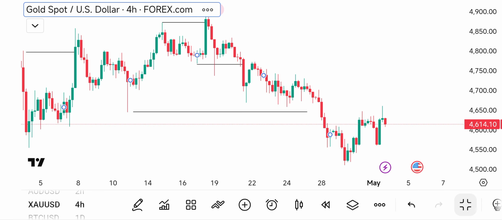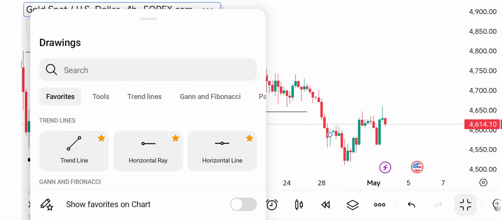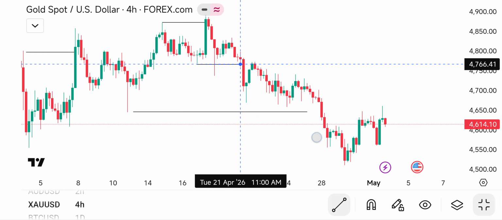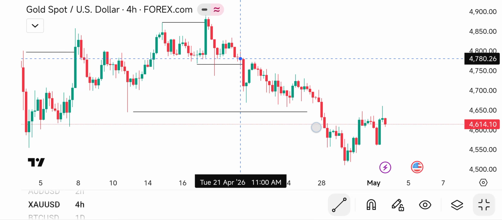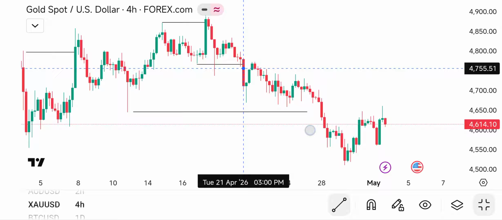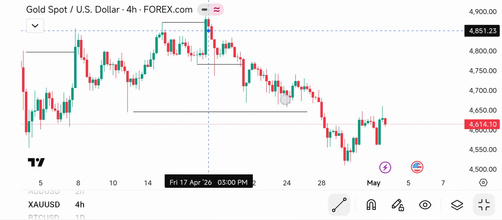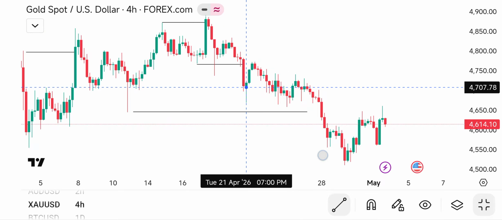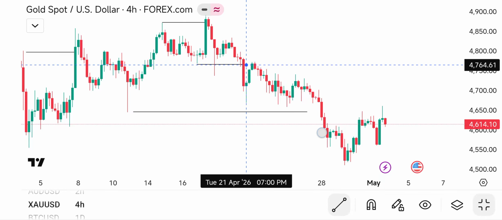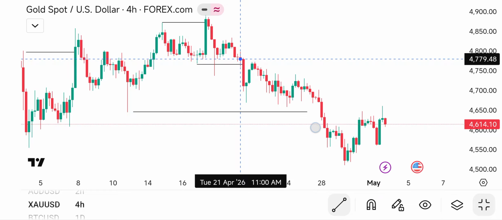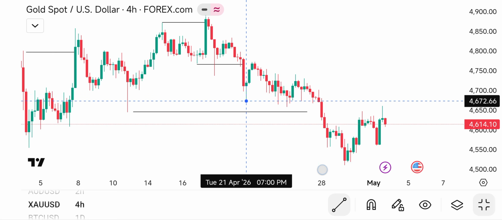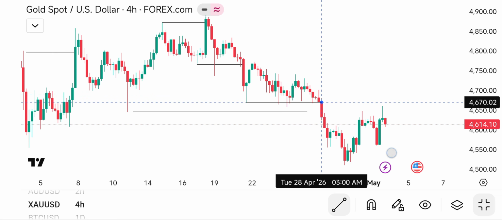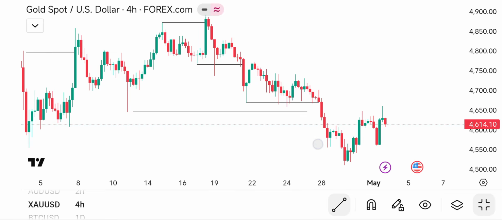So price came, tapped into the origin, which this other block was the supply zone that caused this change of character. It's here. But price reacted from this recent other block here and dropped, giving us another break of structure here. You can see this was another break of structure.